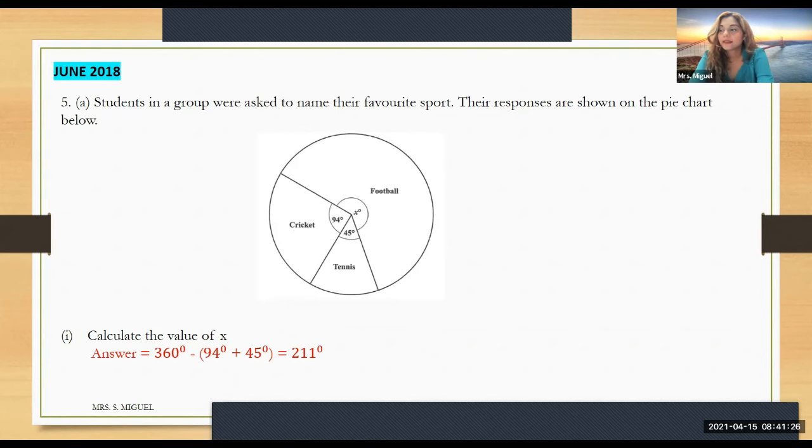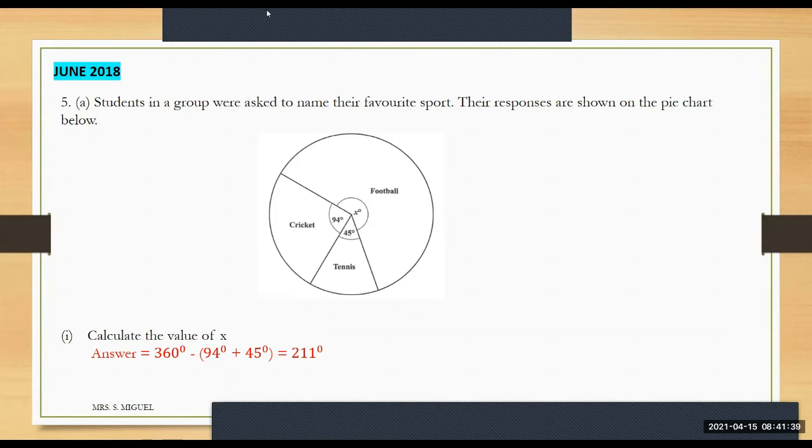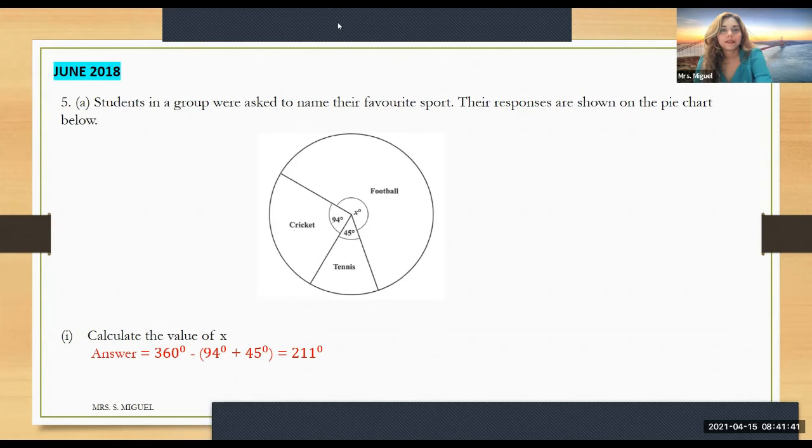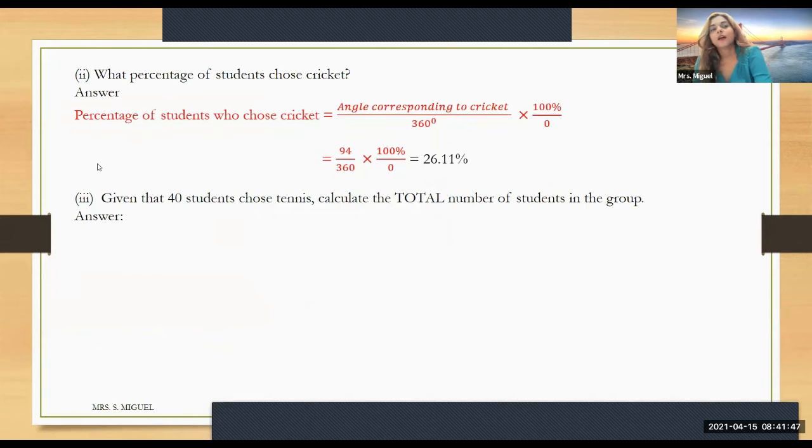Part 2 asks, what percentage of students chose cricket? What is the angle representing cricket? 94. So let's keep that in mind while we go to the next part of the question. So the percentage of students who chose cricket is the angle corresponding to cricket divided by the sum of the angles in a circle, which is 360, multiplied by 100%.